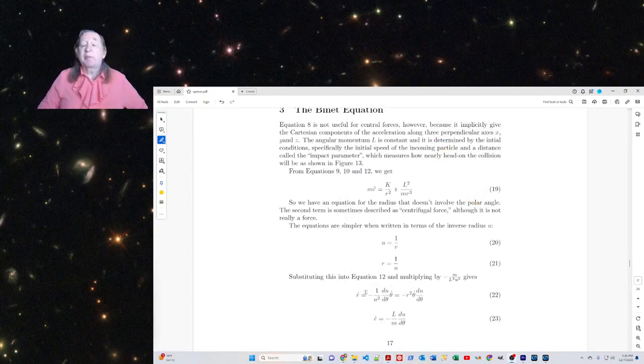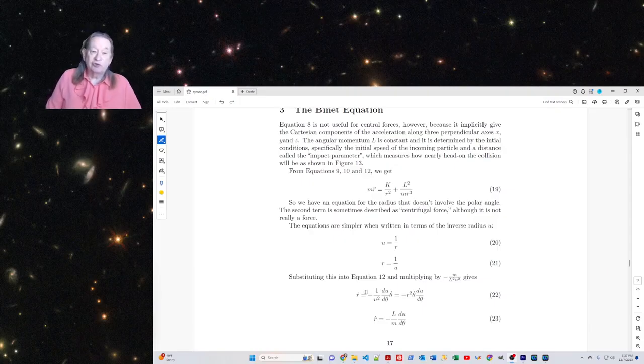Now we're going to get to the main point of this exercise, which is to solve Newton's second law of motion and get the path of the alpha particle so that we can compute the scattering angle, the angle at which it flies off. What I've shown here, equation 19, is the radial acceleration with the radial force.